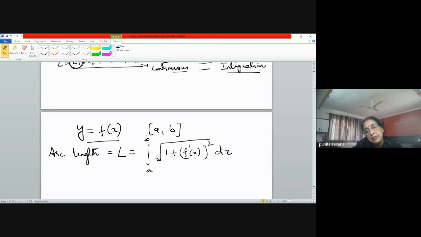Okay, so that's why I said tangents will play an important role because it is these tangents that help us in approximating the curves with the help of straight lines. So this is how we get the arc length.